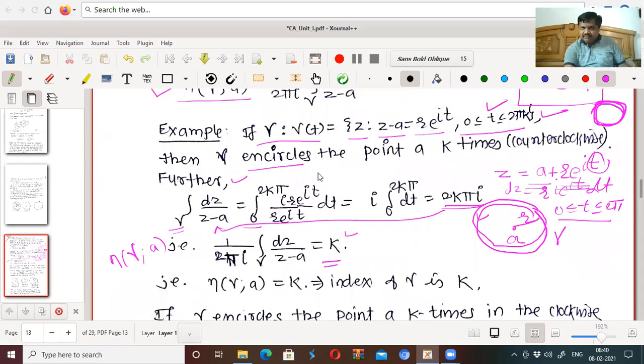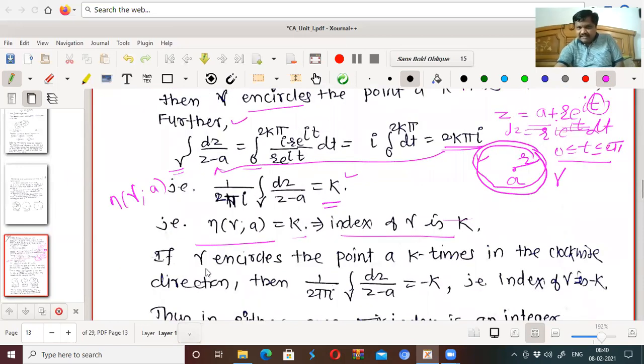But what is k? k is the number of times the curve revolves about a. That is, n(γ, a) equals k, that is, the index of gamma is k. What does this mean?